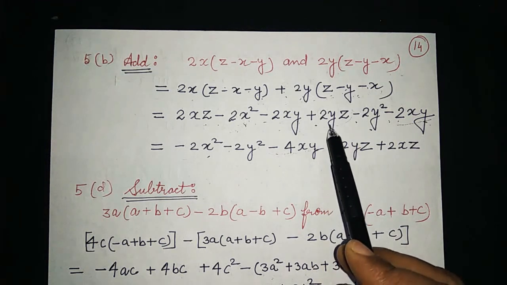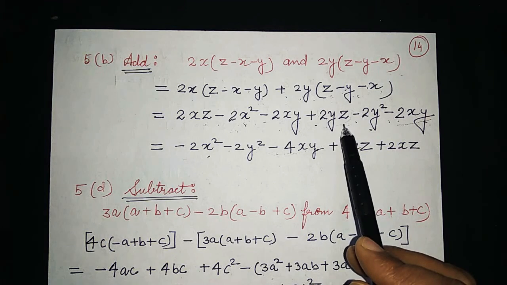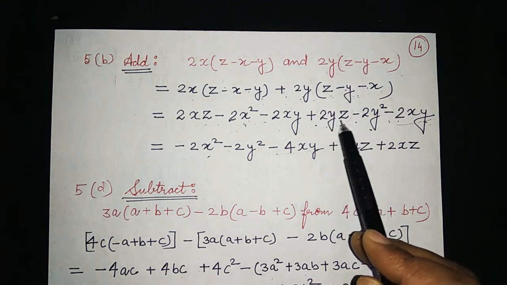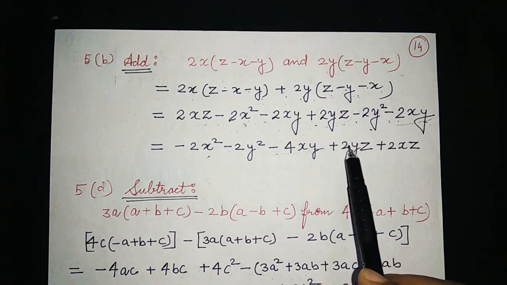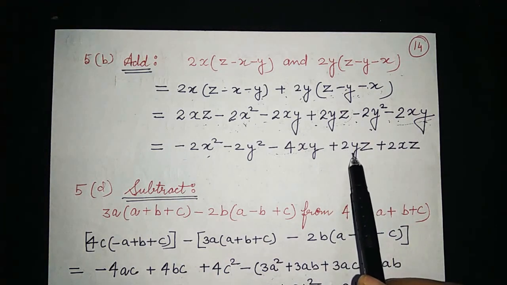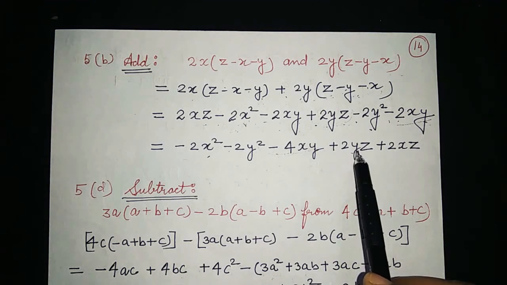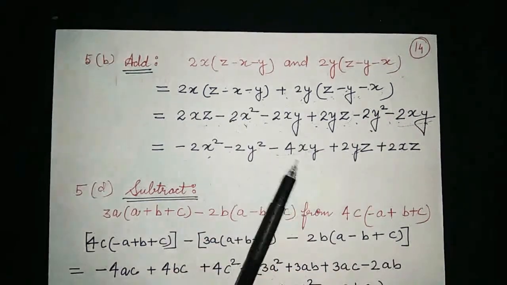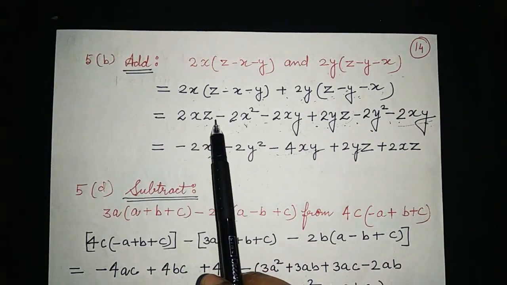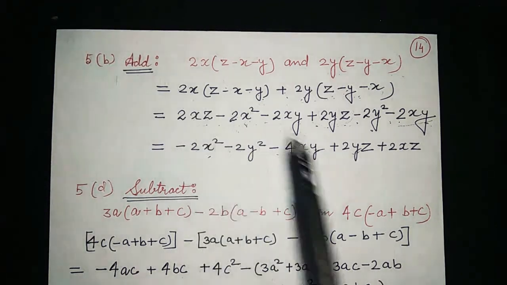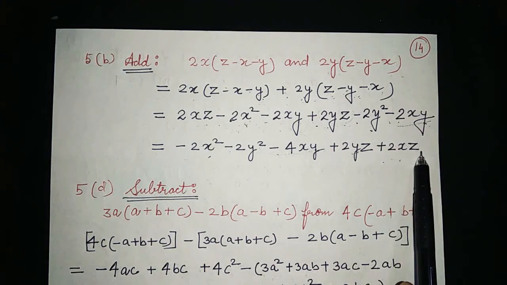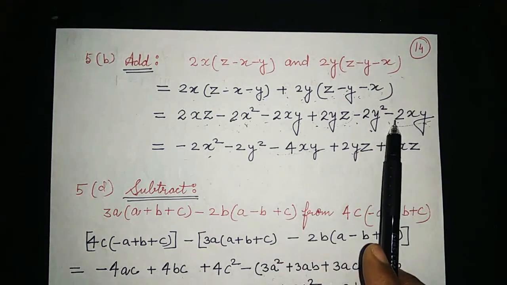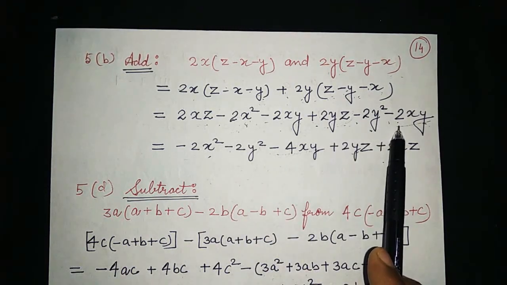Now 2yz, we are not getting such type of like term in this step, so we will write it only 2yz. After that plus 2xz will remain. So after putting plus sign we will write 2xz. Now we will check that we have written all the terms or not.